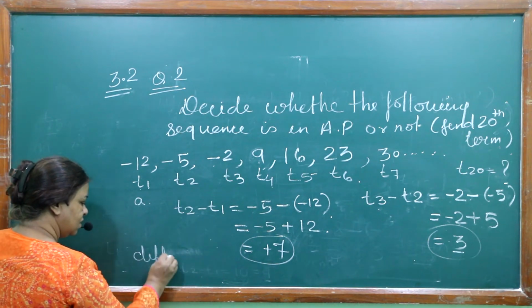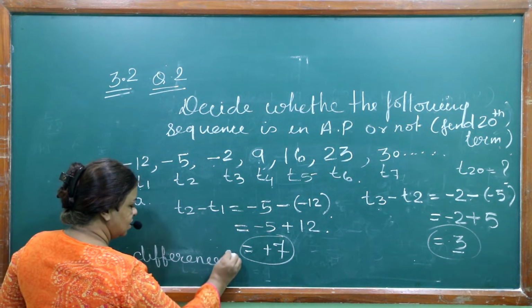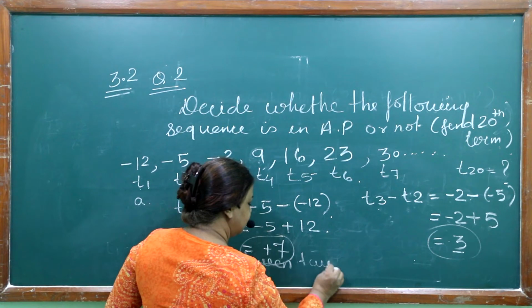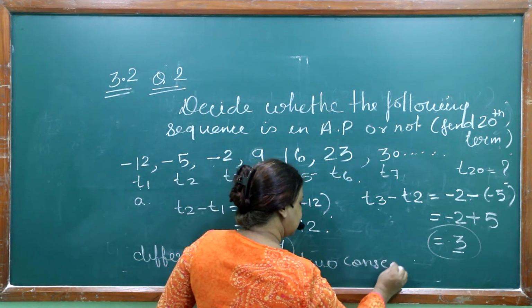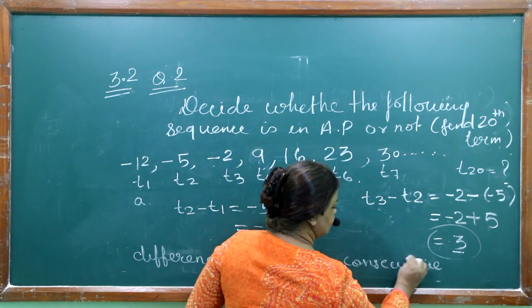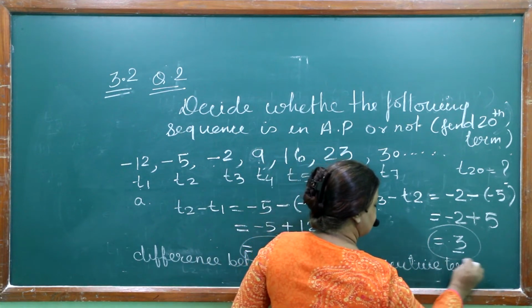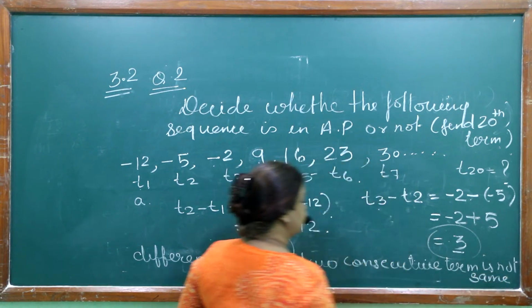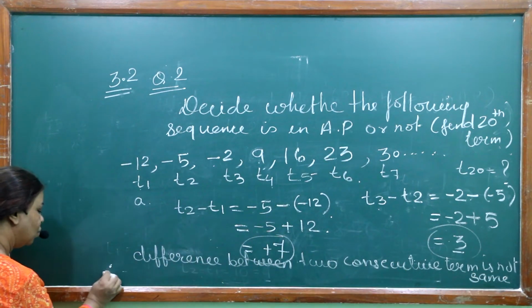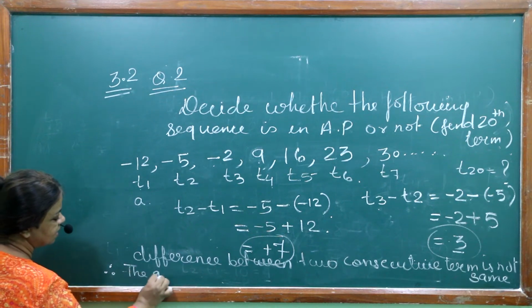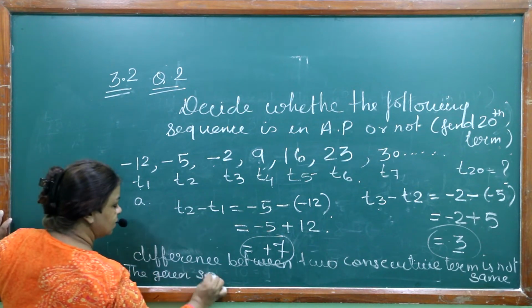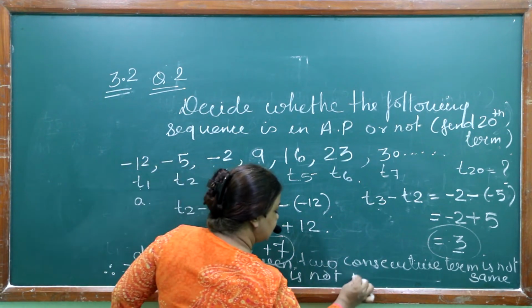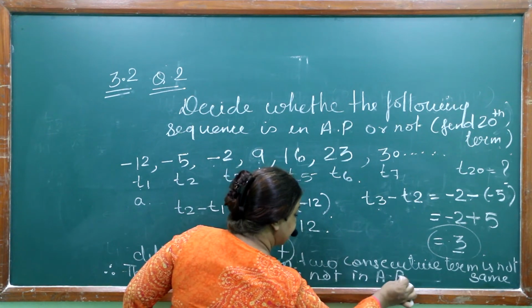We can write: difference between two consecutive terms is not same, therefore the given sequence is not in arithmetic progression.